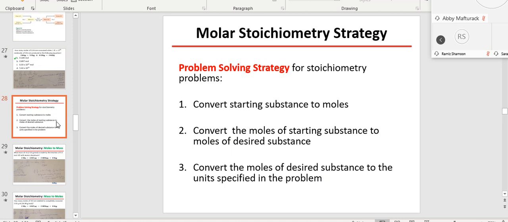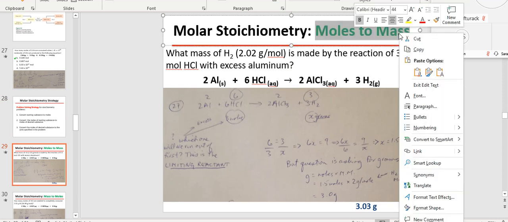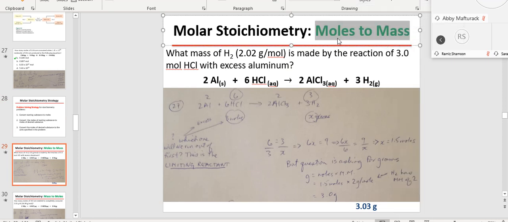So this is just stating the exact same thing as what we just did. And you see now things have kind of changed. The easy ones there are mole to mole. But here, mole to mass. So here: what mass of hydrogen gas is made by the reaction of 3 moles of hydrochloric acid with excess aluminum? Okay, set it up. Molar ratios.